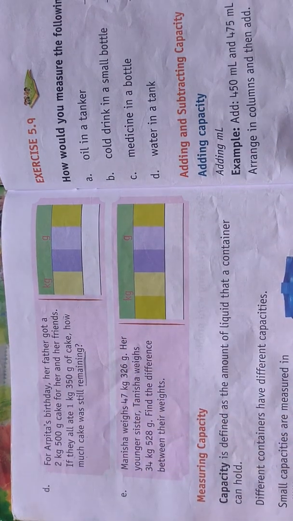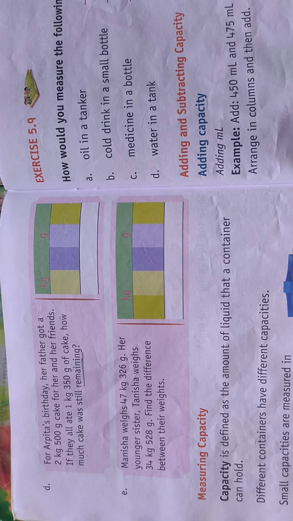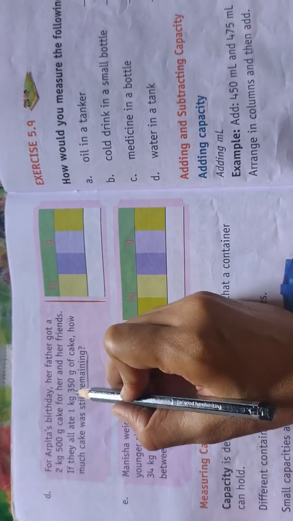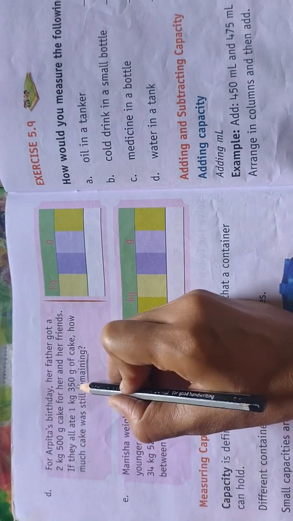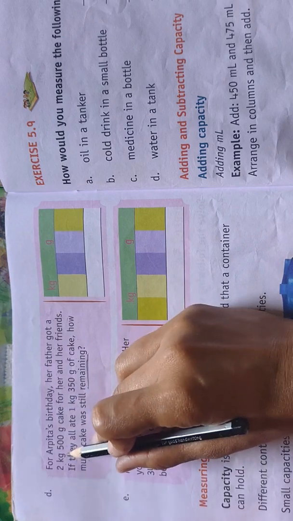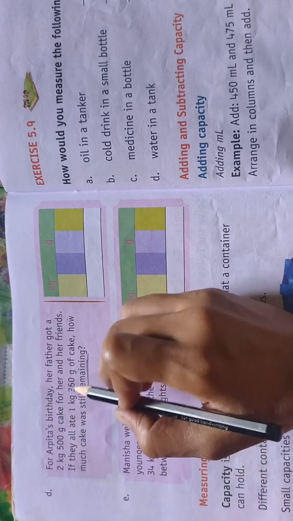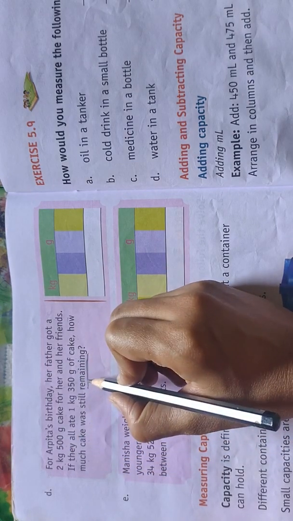So Arpita's father bought a cake of 2 kg 500 gram for her and her friends, and how much cake did they all eat? 1 kg 350 gram cake they ate. So how much cake is still left, that we have to find, the remaining cake.